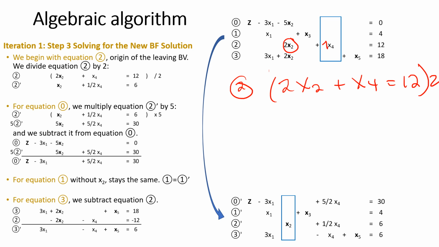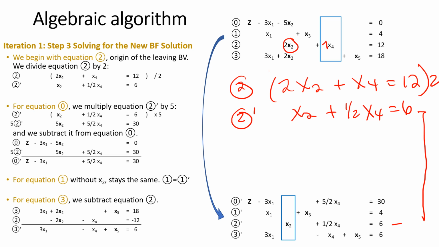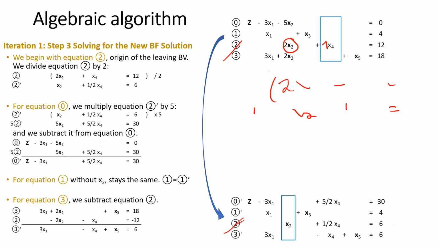We get 2x2 divided by 2, x2, plus 1/2 of x4 equals 6. This will become my new 2 apostrophe restriction function, and it's exactly the one that we got over here. So we have done with 2 and 2 apostrophe. The other three restrictions will be changed using either equation 2 or 2 apostrophe. We must do it through them. That's a condition for this Gaussian elimination.